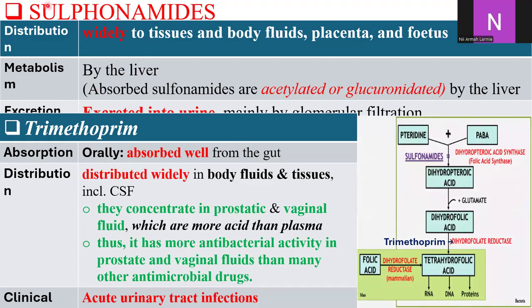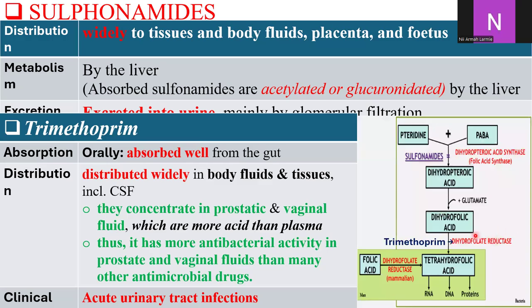So that is sulfonamides. Now, trimethoprim together with pyrimethamine works on the same pathway of tetrahydrofolic acid synthesis, where we have the dihydrofolate reductase, folic acid reductase.